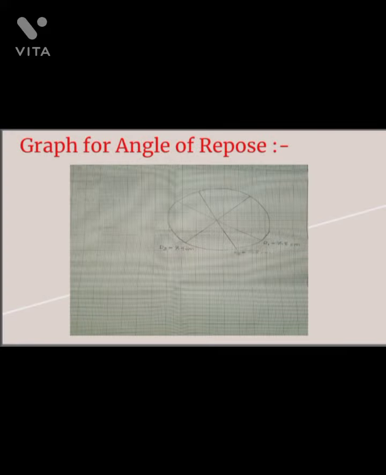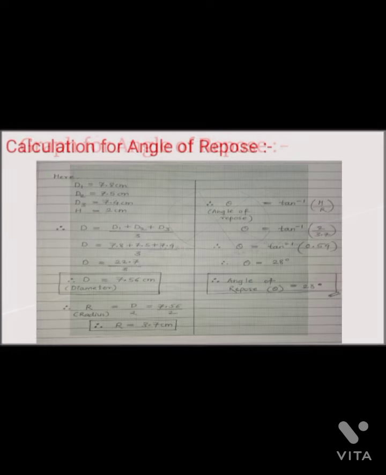So this is the graph for angle of repose with diameter d1 equals 7.8 cm, d2 equals 7.5 cm and d3 equals 7.4 cm.